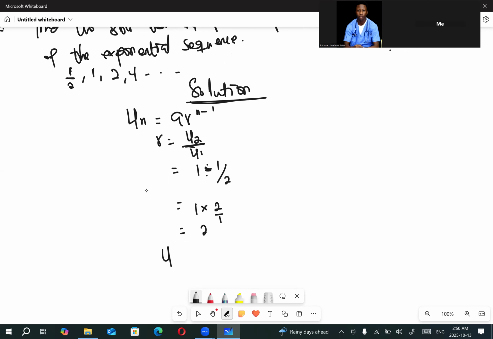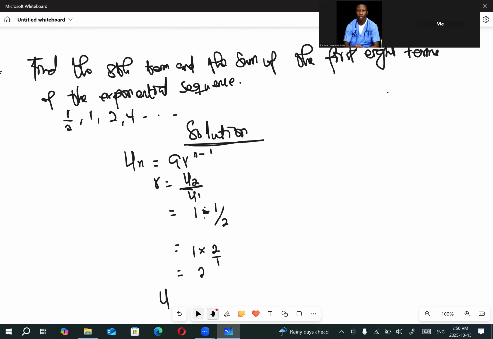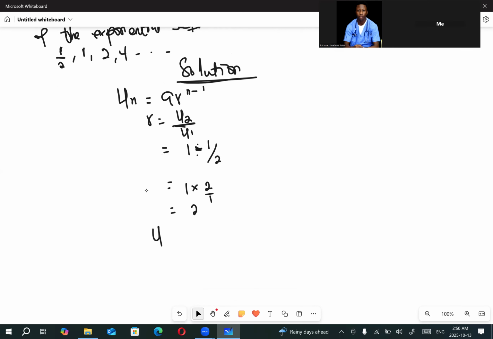So what's that? The A term, U8, will be equal to 1 over 2, R is 2. That'll be 8 minus 1.